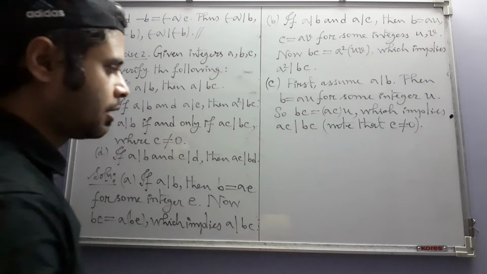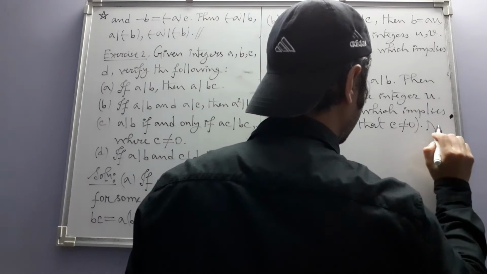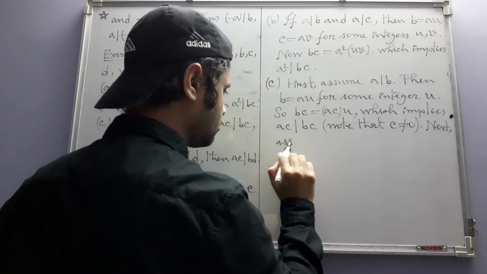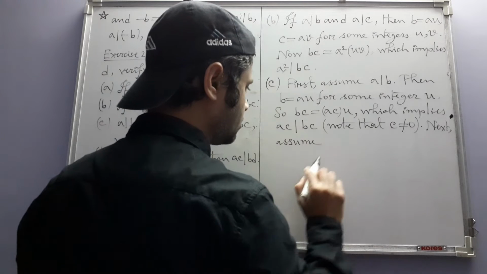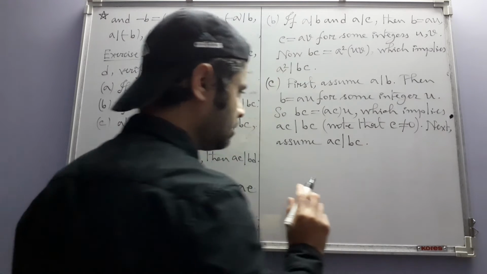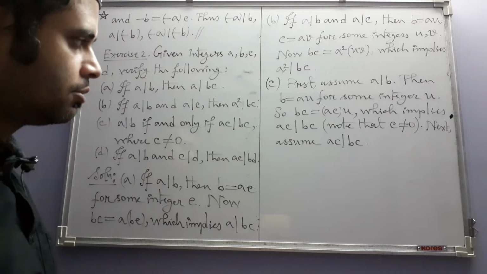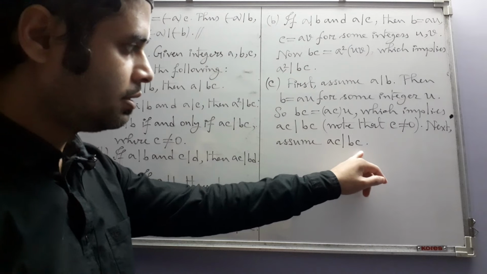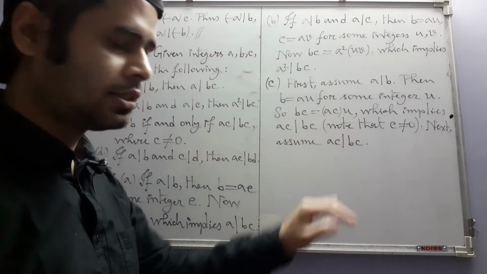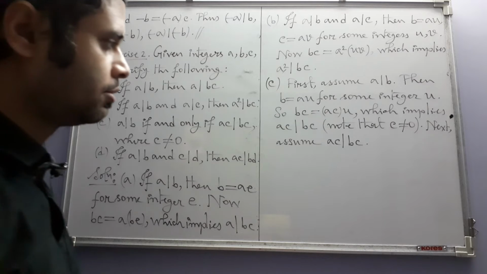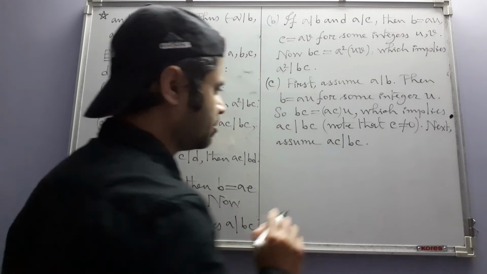Okay, so that is one half. Next, assume this. For this part, however, you don't need to additionally assume that C is non-zero, because in this divisibility relation AC must be non-zero, so automatically C has to be non-zero, and also A has to be non-zero.